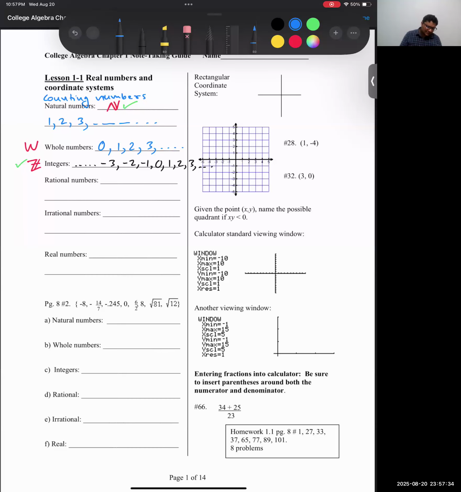And what kind of numbers are included in rational numbers? Let me write some examples first. Examples would be like this: 1/2, minus 3/5, 7/9, whatever.